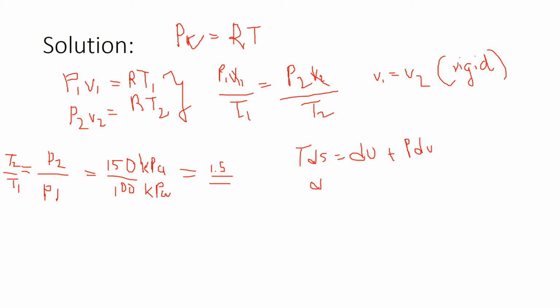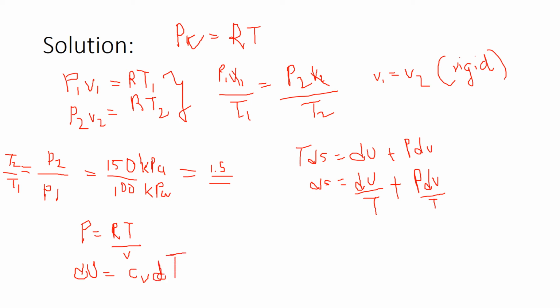Or you can write it as ds is equal to du by T plus P dV by T. We know that P is equal to RT by specific volume, and we also know that du is equal to Cv dT.